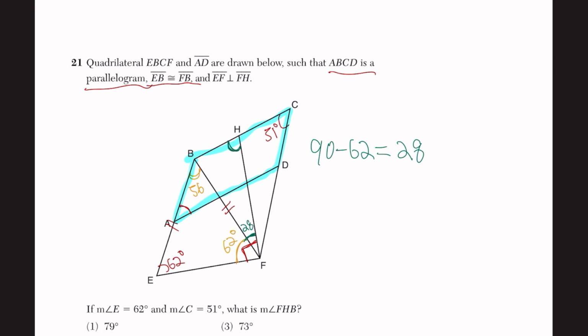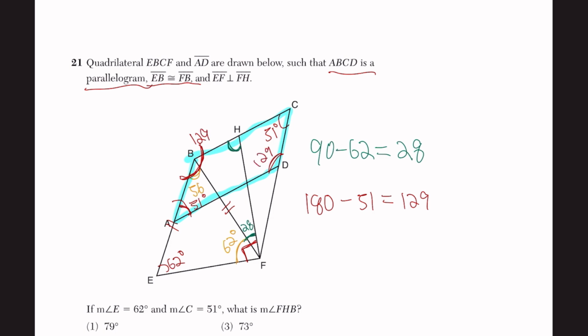So this angle right here is also going to be 51. Since I know this is a parallelogram, this angle 51 and this angle right here should add up to 180. So 180 minus 51 is equal to 126. So this big angle right here is going to be 129 degrees.